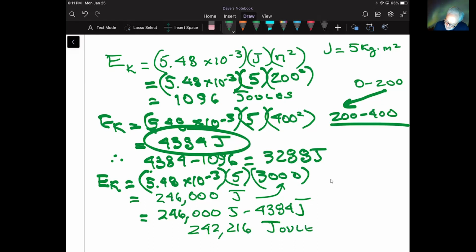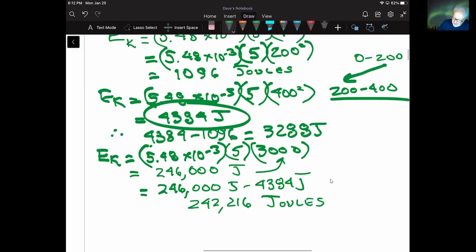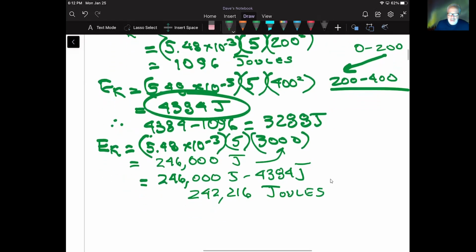And that is not energy that I need to put into this equation, but that is the amount of energy that needs to be released, dissipated. Usually when we talk about a flywheel, we're talking about heat, energy dissipation. So I would have to dissipate that much energy before it would slow down from 3,000 to 400.